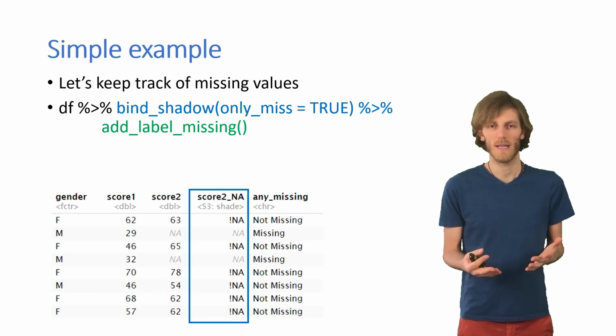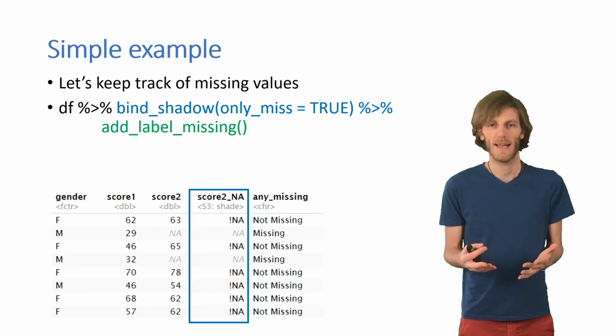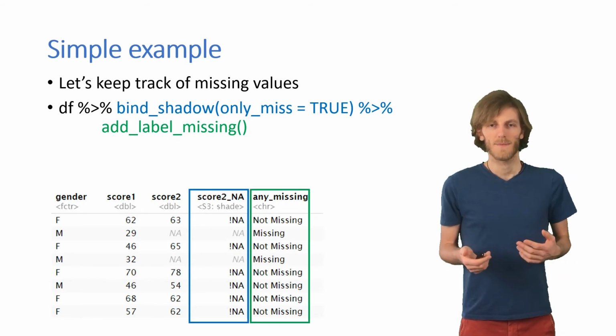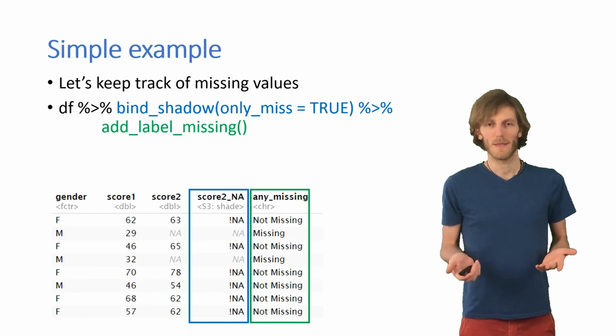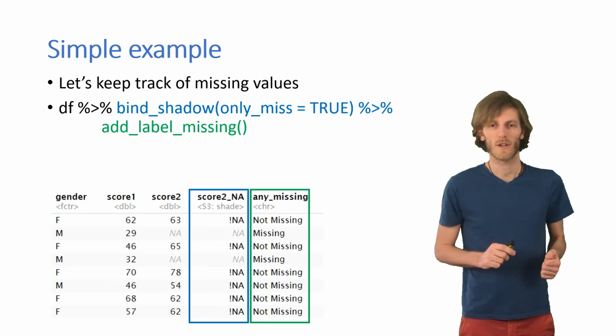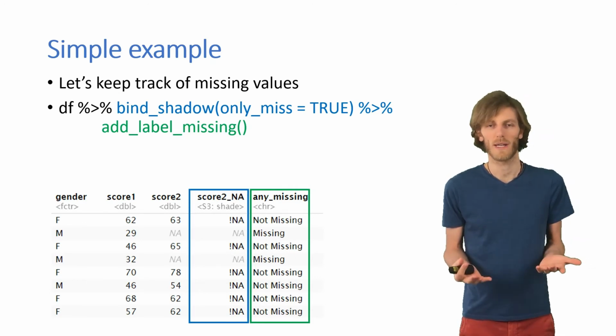In this case, it's only one, score 2, so it adds the column score2_NA that shows whether originally that data is missing, NA, or not missing, not NA. add_label_missing adds another column that now indicates whether there's any missing data across the row. Of course, in this particular case, the two columns are redundant, but usually we will have more than one column that has missing data.